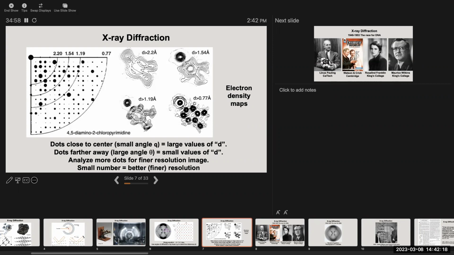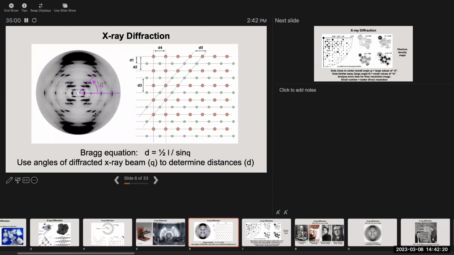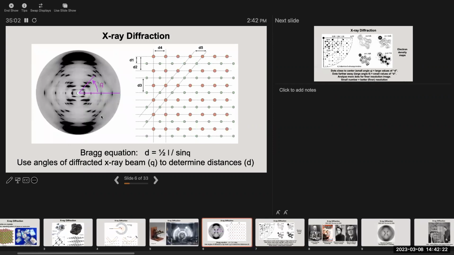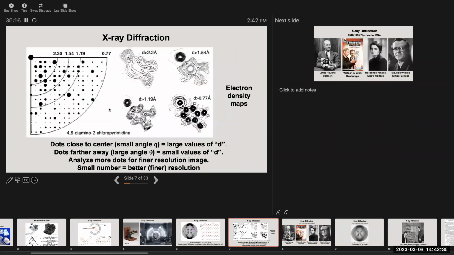Again, if we look at our X-ray picture here, if you have a small value of the angle theta, that means you've got a dot that's very close to the center. And then as you get dots that are farther away from the center, those correspond to larger values of the angle theta.